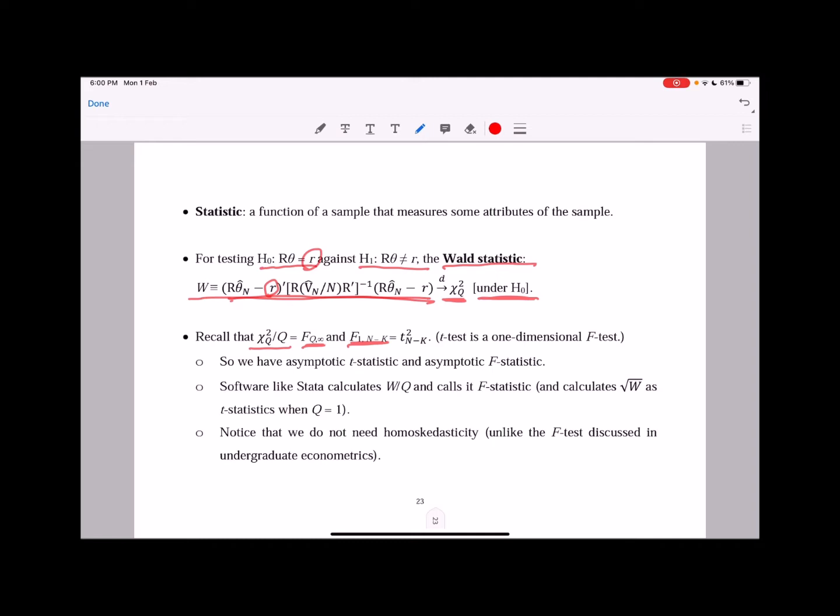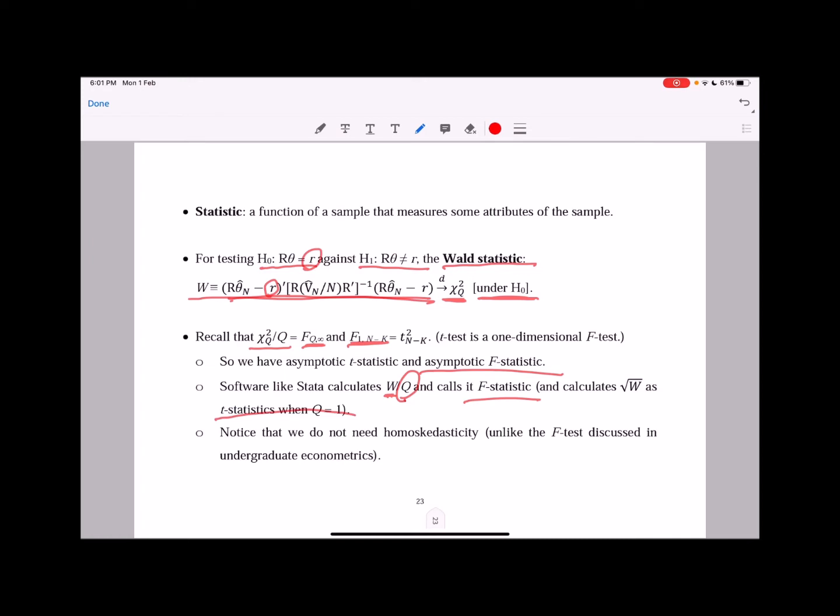If your restriction R is only one dimension, we get an asymptotic t statistic. In general, we have an asymptotic F statistic. Software like Stata will calculate W, the Wald statistic, first, then divide it by q and call it the F statistic. Similarly, it will take the square root and give you the t statistic.